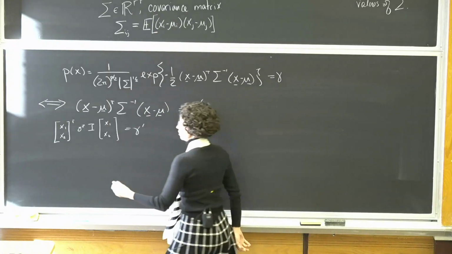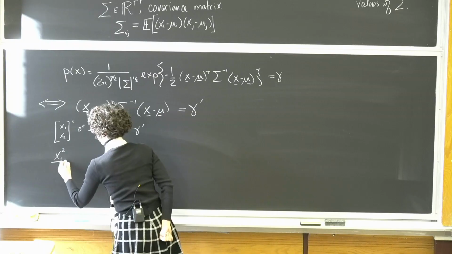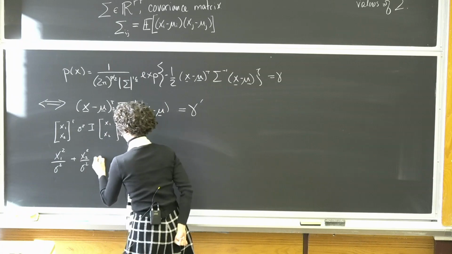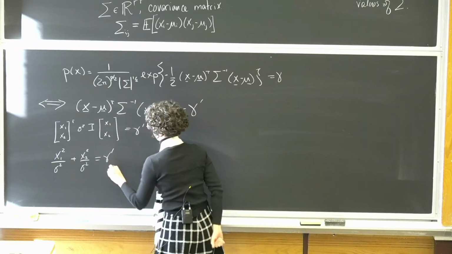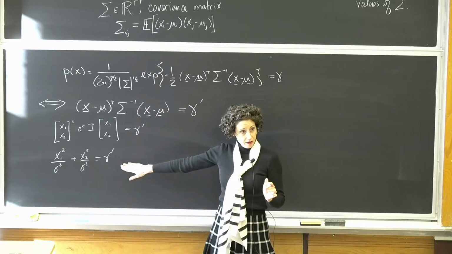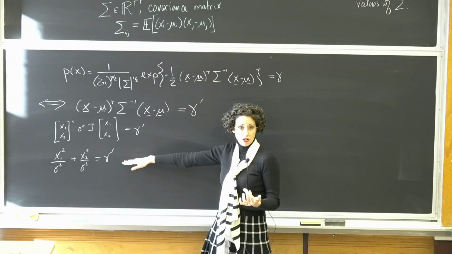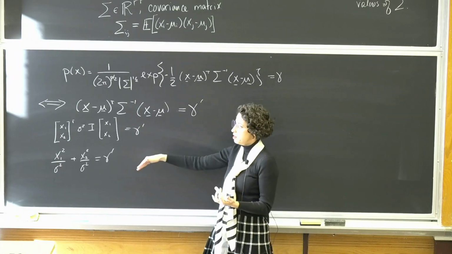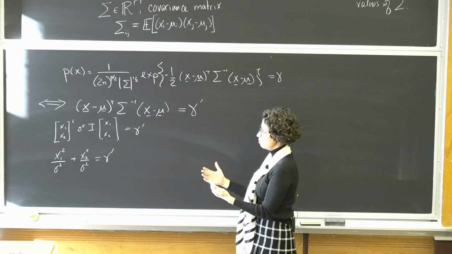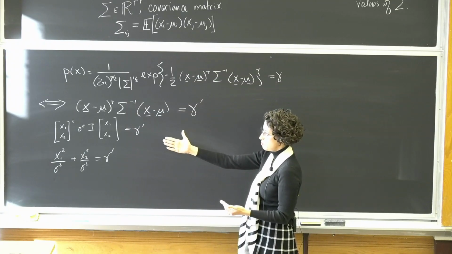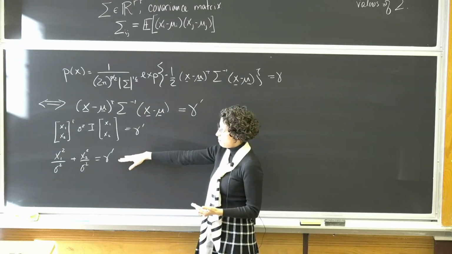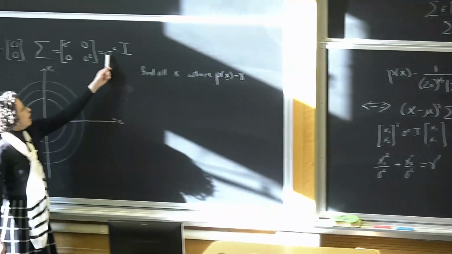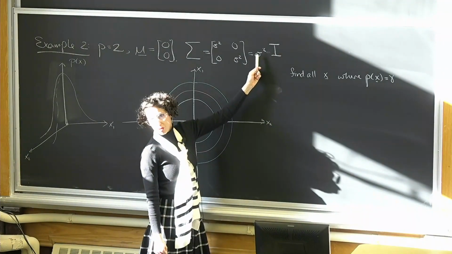This is equivalent to saying that x1 squared over sigma squared plus x2 squared over sigma squared is equal to some constant gamma prime. And now that we write it this way, this looks exactly like the equation for a circle, right? So this is how we can derive, even without doing some numerical plotting, that the contours for this distribution are going to look like a circle when our covariance matrix is a diagonal matrix where all the diagonal entries are equal to one another.